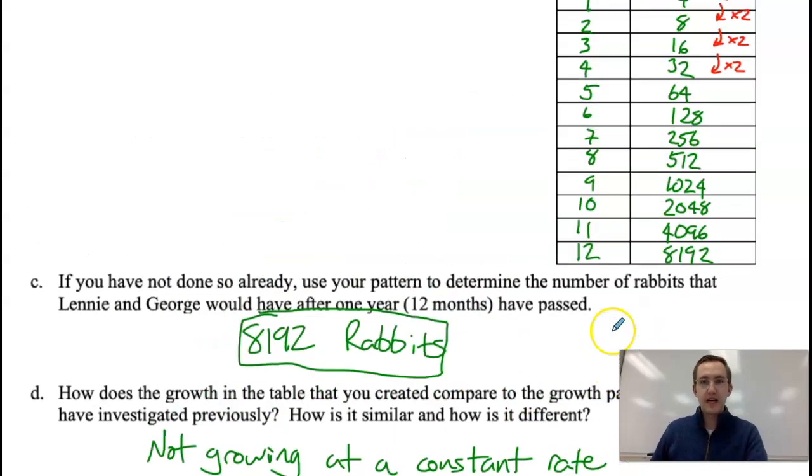We can see that because every time we go up a month, we're multiplying the previous number by 2, so it's not consistent. We're multiplying by the same number every single time, but it's not a constant amount between terms. So we're multiplying by the same rate in between, but it's not a consistent number.